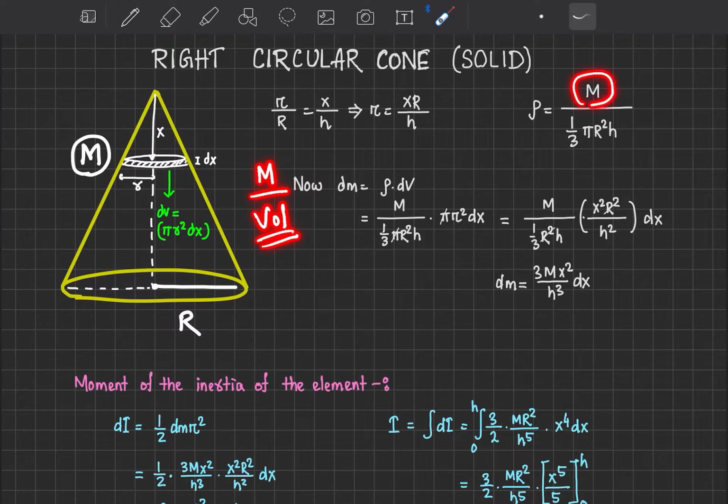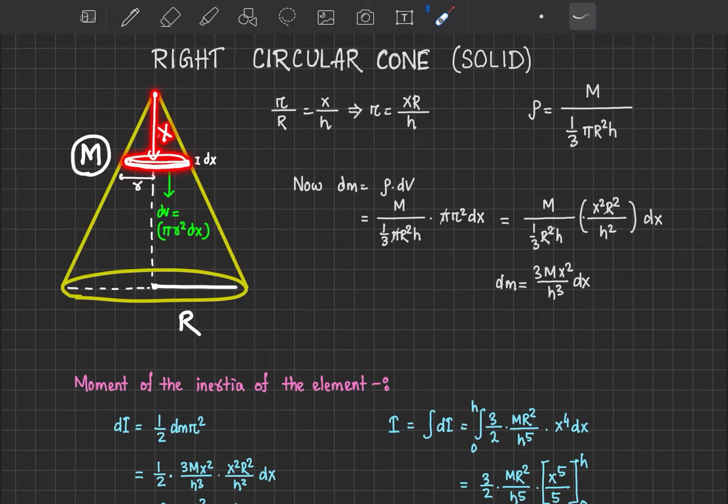So mass is m and the volume of this cone is 1/3 pi r square h, where r is the radius of the base and h is its height. Now this is our rho. Here we need to do integration, so from the apex at a distance x, we will choose a very small disc-like structure.